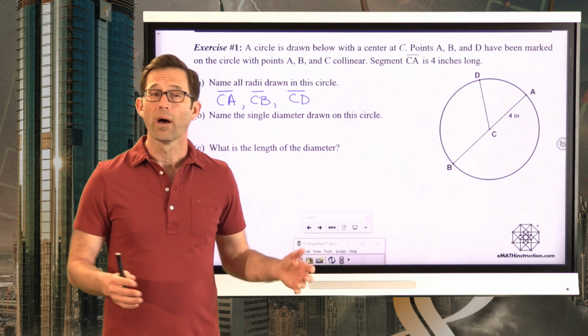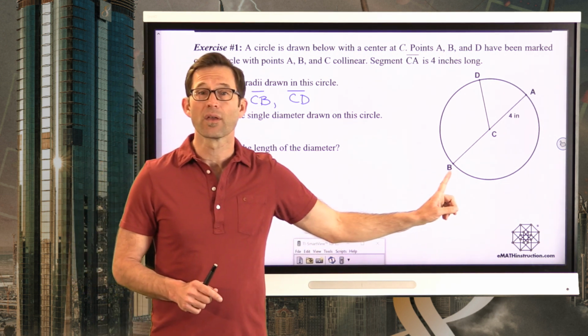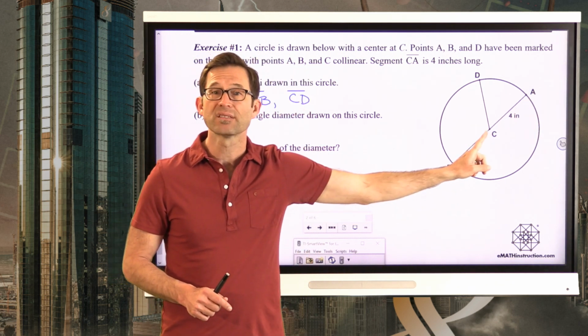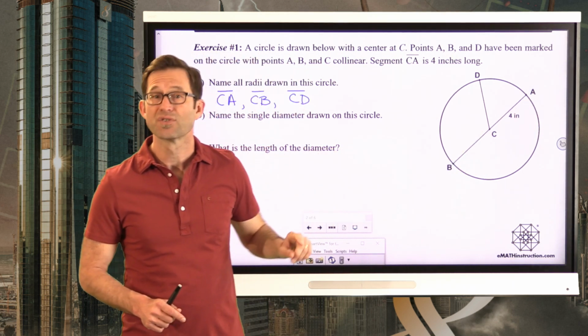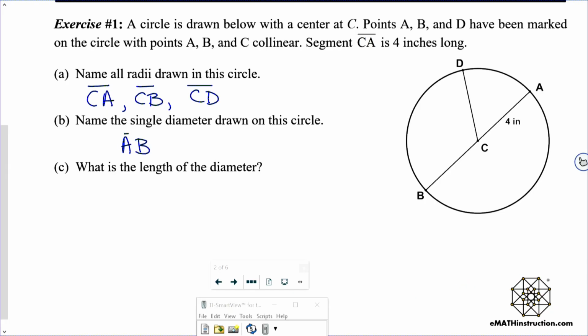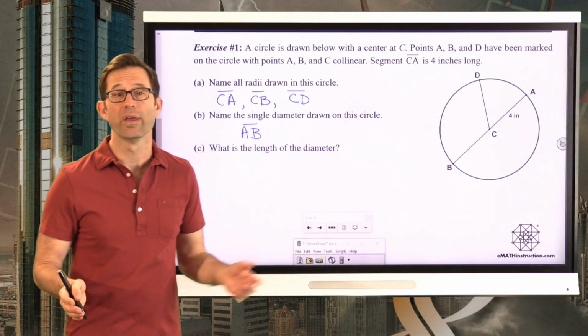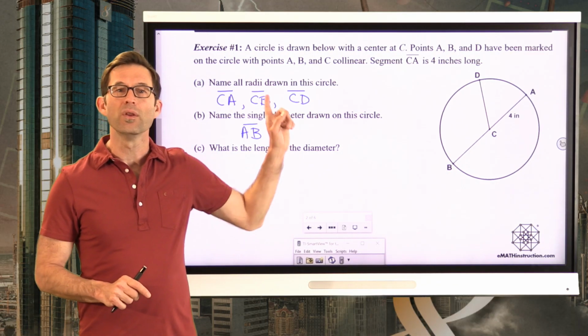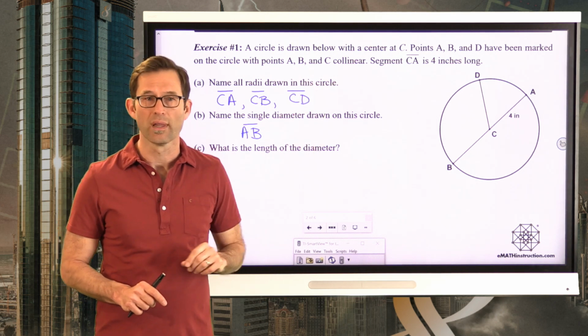All right, well, we've got a line segment that goes from B to A, or from A to B, and passes through the center point C. So the diameter is either AB or BA. It just depends on which way you want to say it. Now, side note, it's really important that we knew that A, B, and C were collinear.